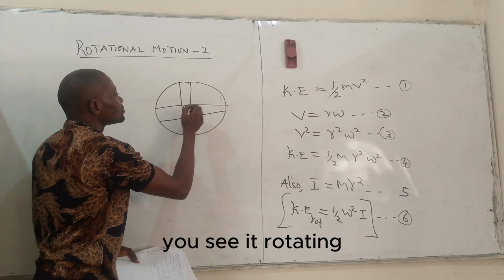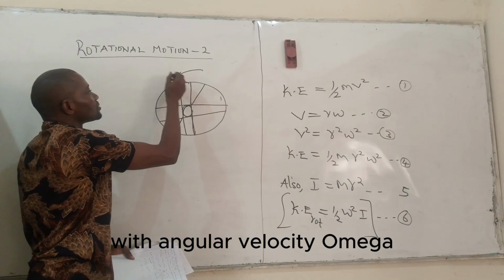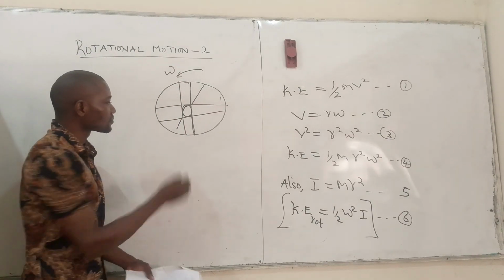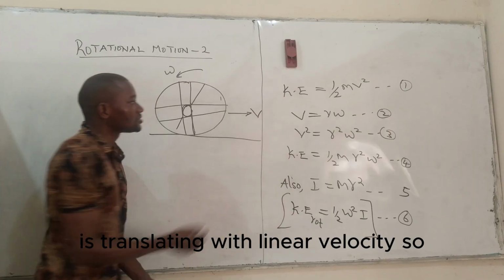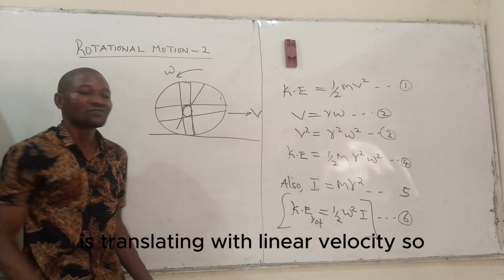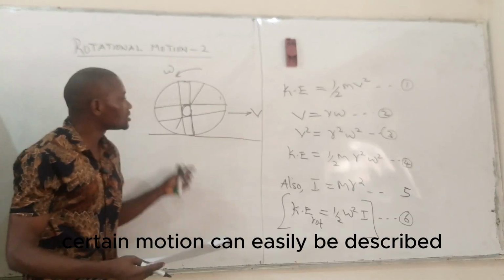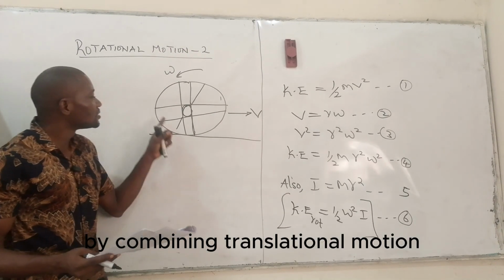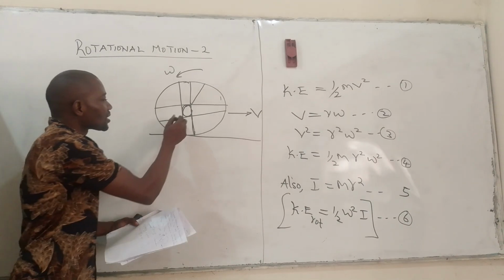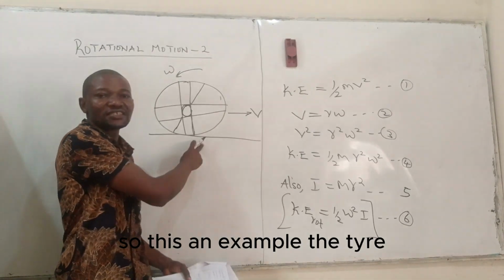You see it rotating with angular velocity omega, and at the same time it is translating with linear velocity. So certain motion can easily be described by combining translational motion as well as rotational motion. So this is an example.